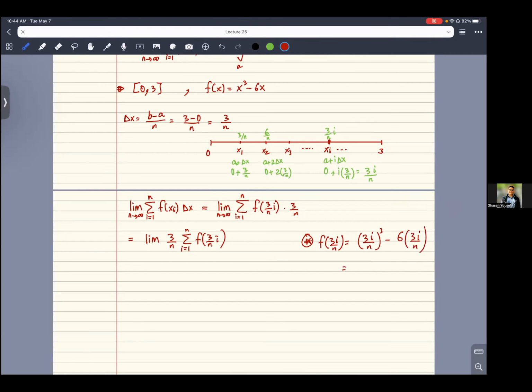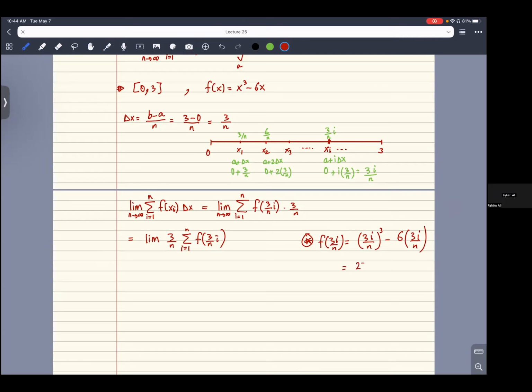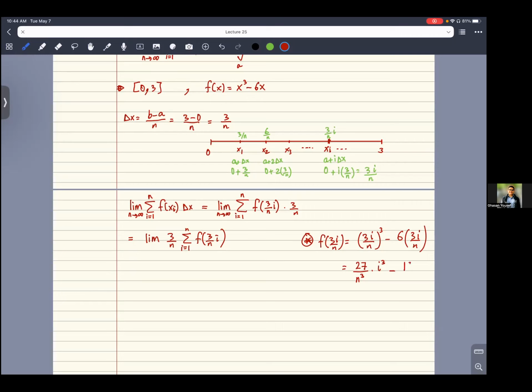We distribute the power 3 inside the parentheses. What is 3 to the power 3? 27. Over n to the power 3 times i to the power 3, minus 6 times 3, which is 18i over n.